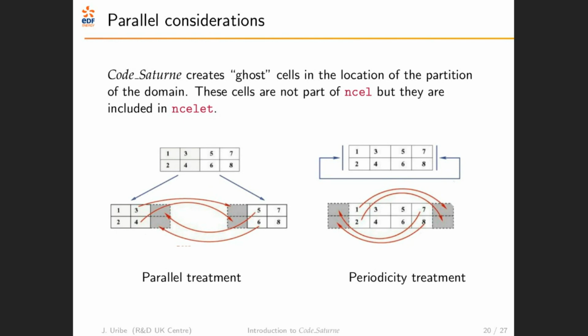So the gray cells are going to have the same information as the corresponding cell on the other side. So that's why you have a different number for n_cells and n_cells_ext. Similarly, periodicity is treated in a ghost cell kind of arrangement as well. That's why the effect of how you partition your domain is important, and you will see that later.